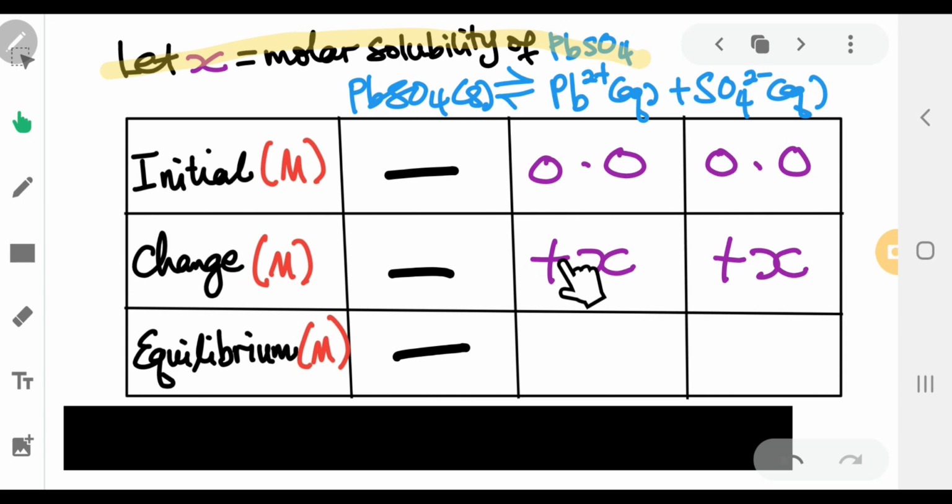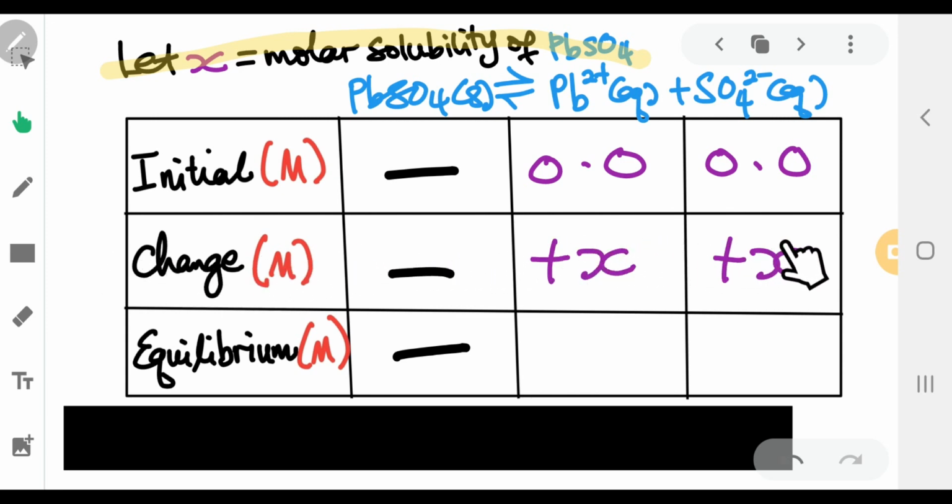And why X here? Because you have 1 mole of Pb2+ cation being produced and 1 mole of SO4 2- being produced. This is the reason why you need to ensure you have a balanced equilibrium equation, so that you will be able to write the correct change for this part.